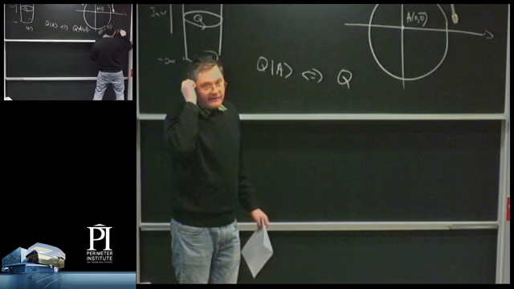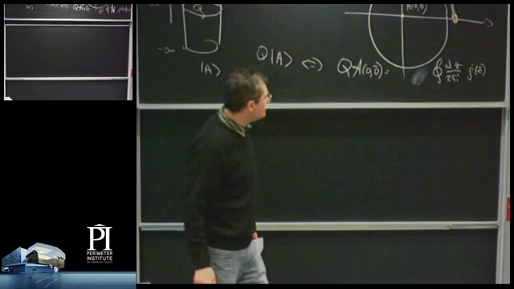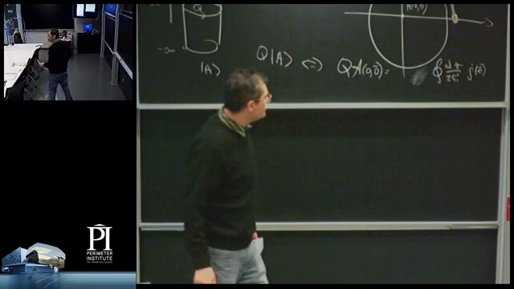Here I have a conserved current J(z), and I have an OPE of that conserved current with my local operator. Okay, so we discussed it. So this is how we started.